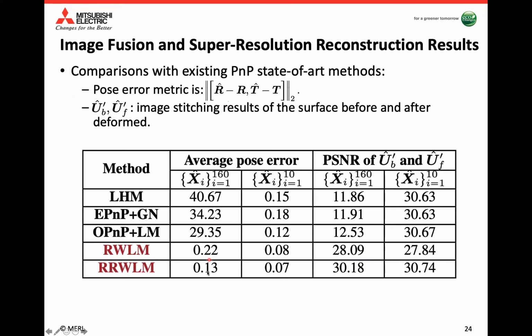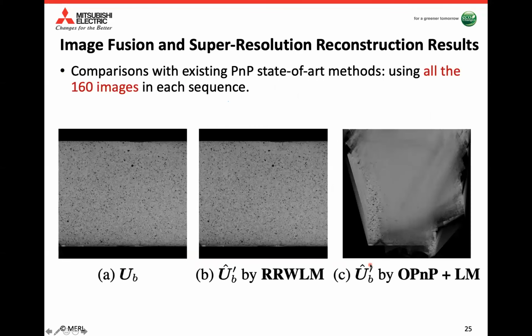From the results, we can see that we achieve much less average pose error and higher PSNR. Here are the final image stitching results. A is the ground truth, B and C are the image stitching results by our method and the best state-of-the-art PnP method.